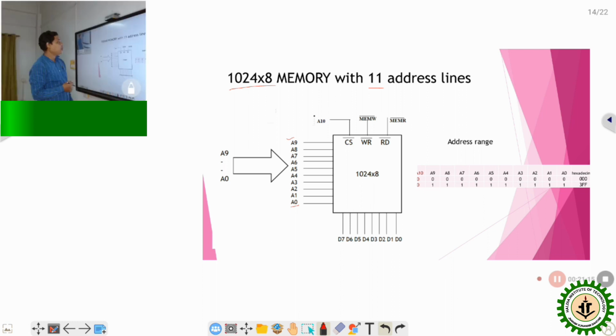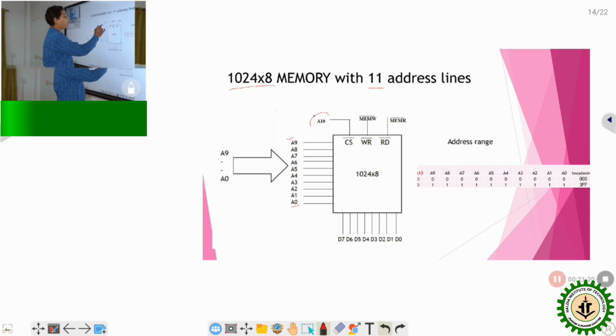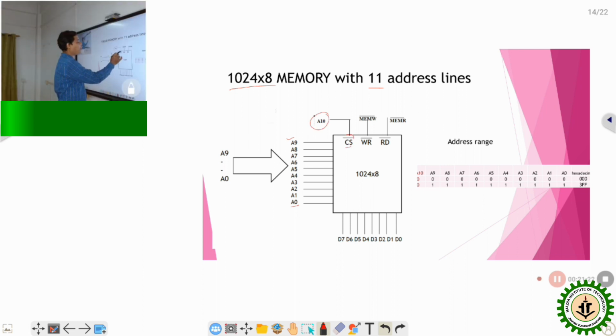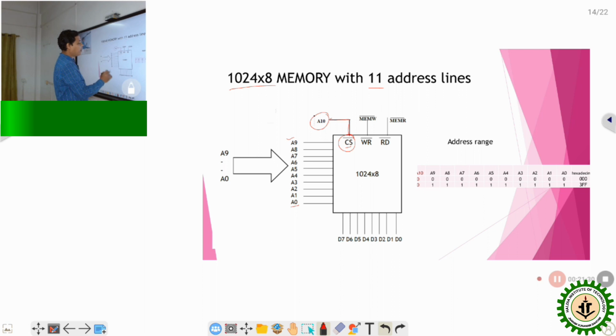That is obvious, but the additional line we need to connect with the chip select signal of the memory. As the A10 line is directly connected to enable the chip select, the A10 line must be equal to 0.